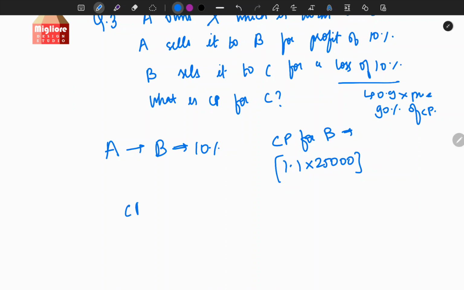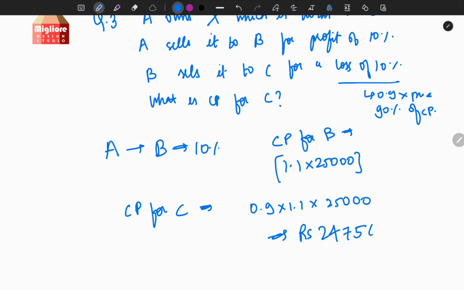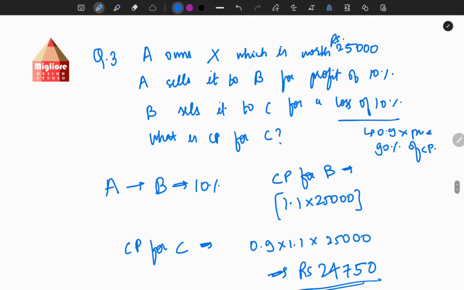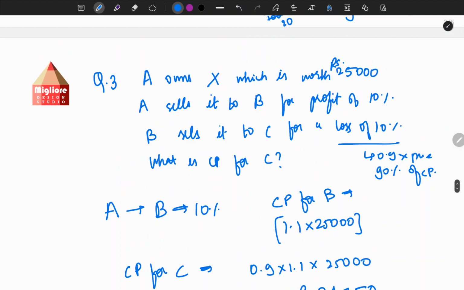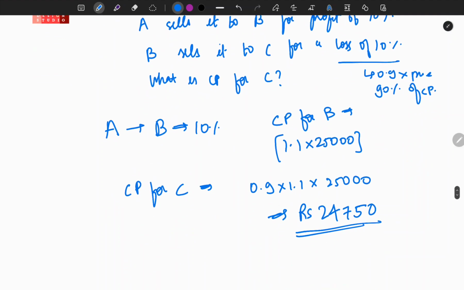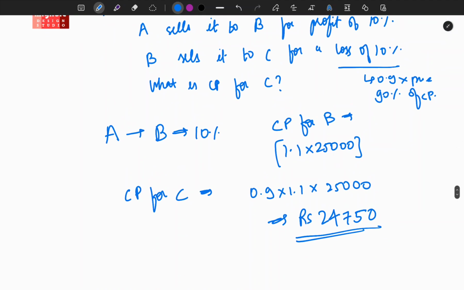So the cost price for C would be 0.9 into 1.1 into 25,000, and that is equal to rupees 24,750.